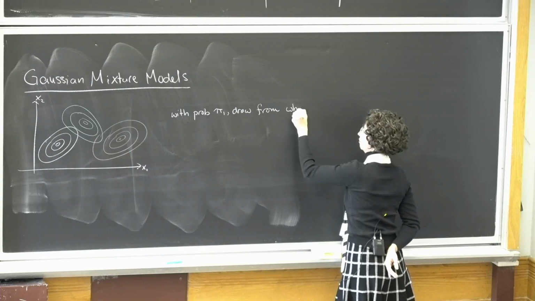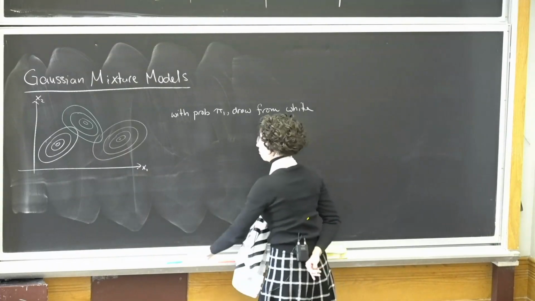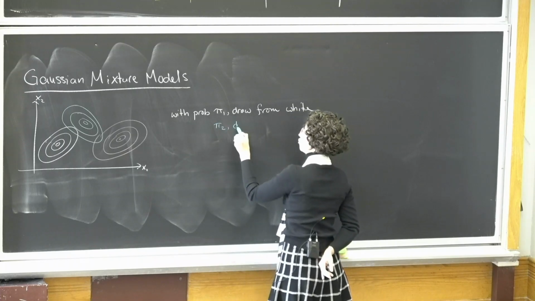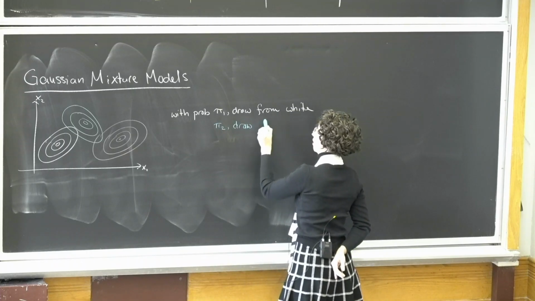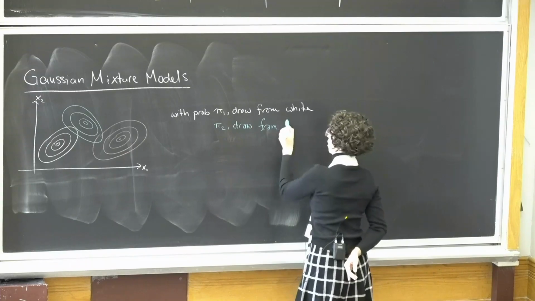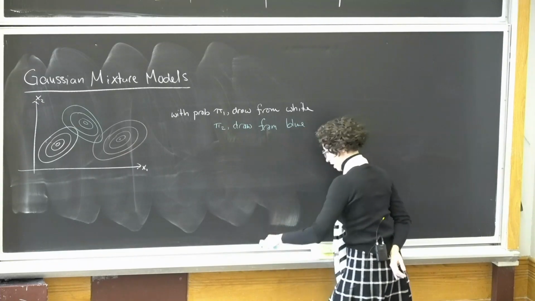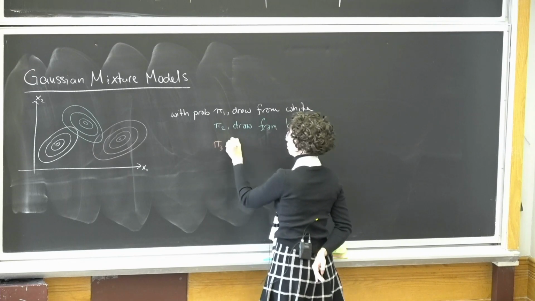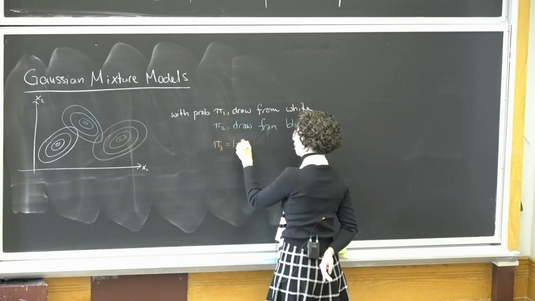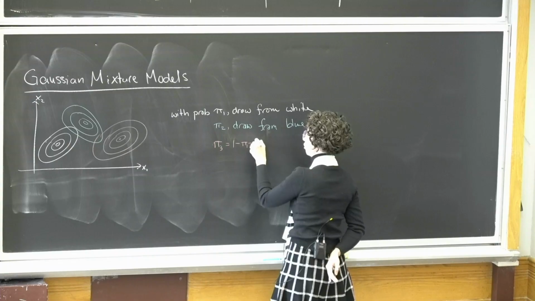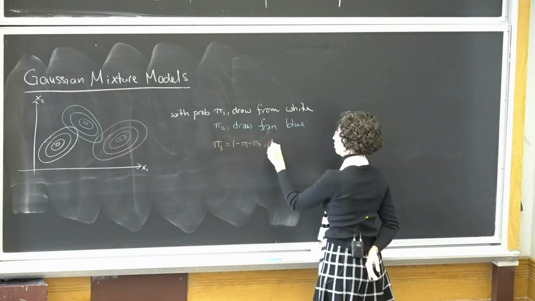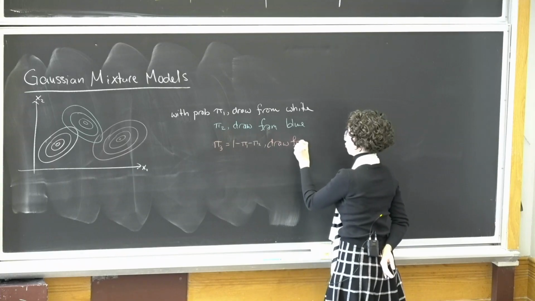And then with probability pi 2, you're going to draw from the blue distribution. And with probability pi 3, which is equal to 1 minus pi 1 minus pi 2, so if we don't draw from white or blue, then we are going to draw from the red distribution.